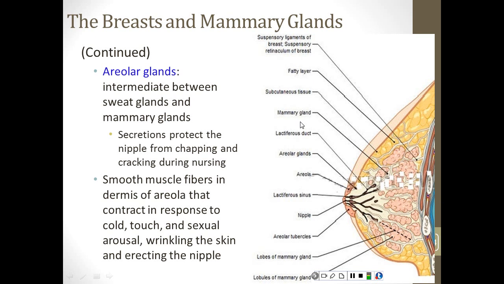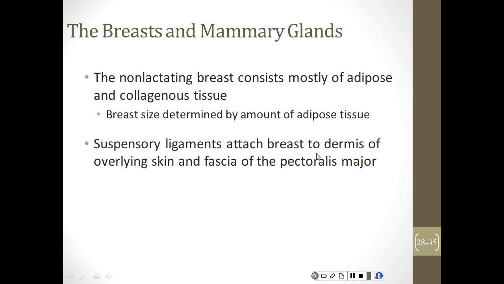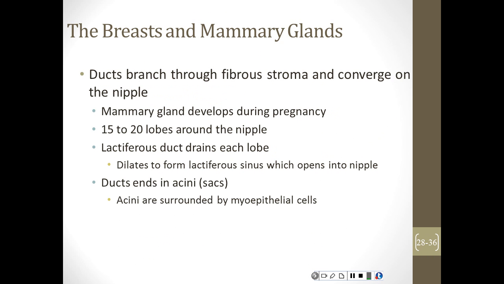Now, although the non-lactating breast contains little glandular tissue, it does not have a system of ducts branching through the fibrous stroma and converging on the nipple. Now, when the mammary glands develop during nursing, they exhibit about 15 to 20 lobes arranged radially around the nipple, separated by the stroma.